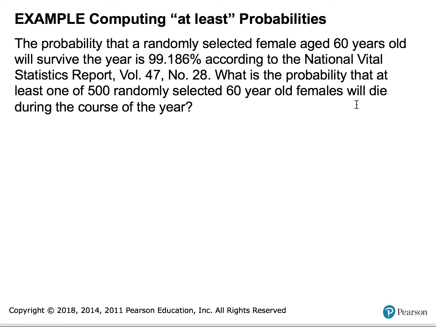So let's start with just saying, what's the probability that one of them will die? What's the probability that one does not live? It's 1 minus 0.99186, whatever that is.